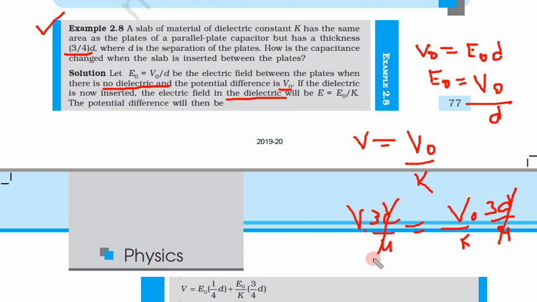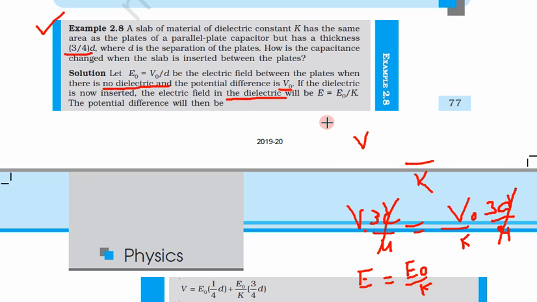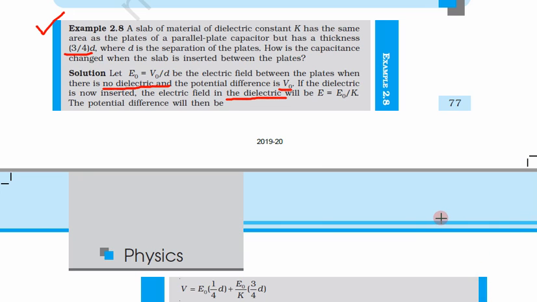So again the same ratio will be there for the electric field. So the electric field will be E naught by K. So the electric field will also be reduced by K. So electric field reduces, voltage reduces, capacitance increases.